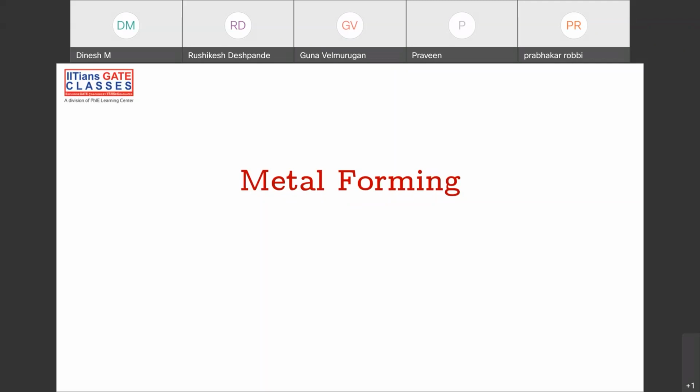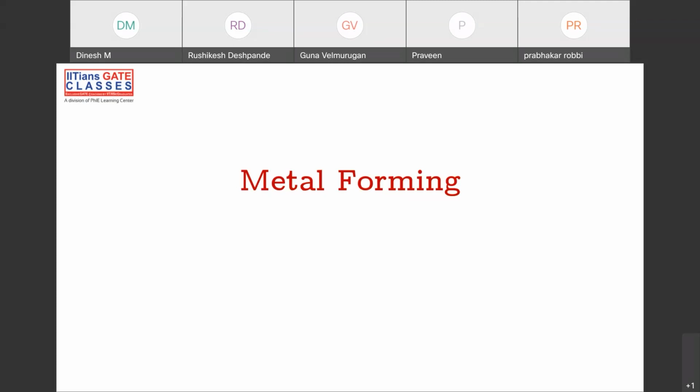You're adding the material, that's different, but you're having so many defects in that. In metal forming, you're not cutting, you're not removing the material, rather you're changing the shape of material. That is what is important. You're changing the shape of material to a desired shape by using some mechanical forces. That is what is a metal forming.